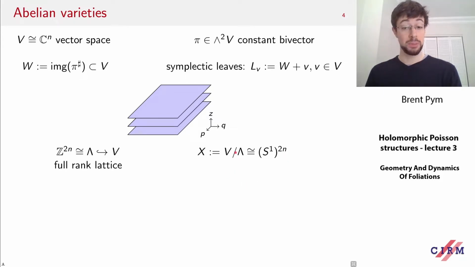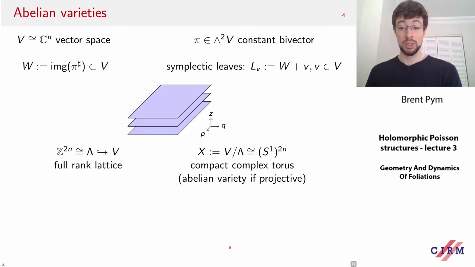But it carries some complex structure which depends in general on the lattice Λ. So this is what's called a compact complex torus. And in the particular case where this compact complex manifold can be embedded into projective space, it's called an Abelian variety.